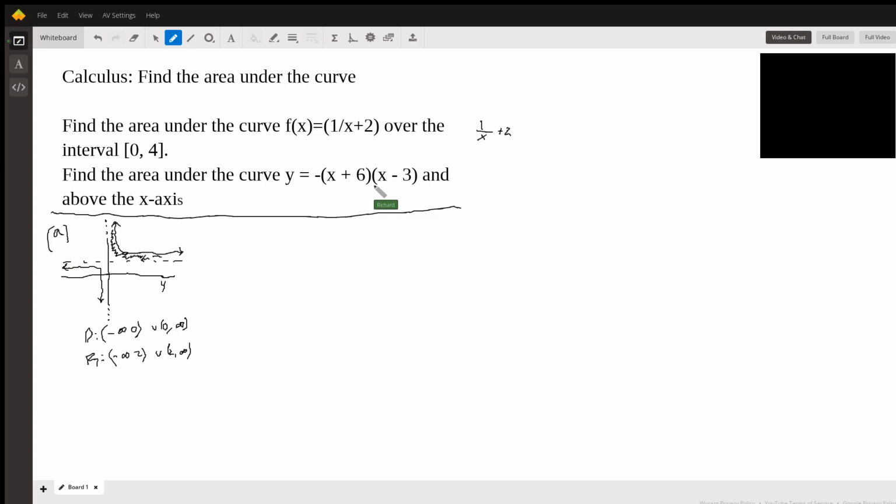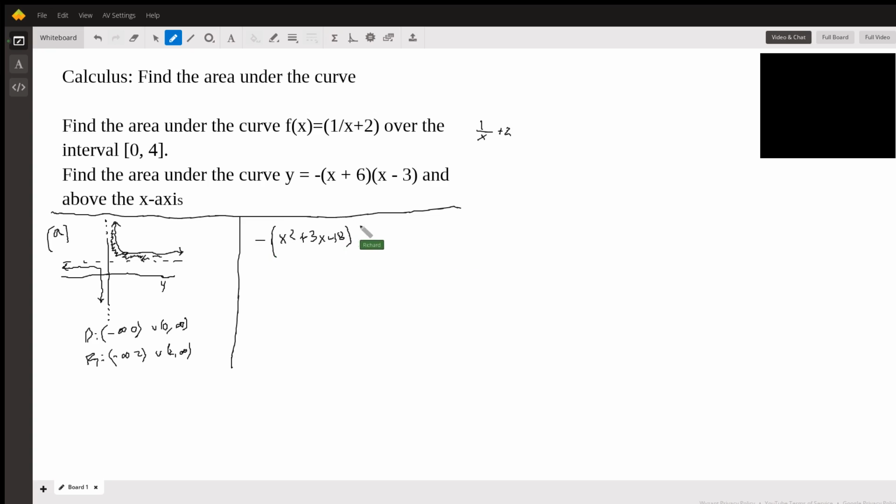When you FOIL this out, you get x squared plus 3x minus 18. And I'm just going to leave the negative in front.